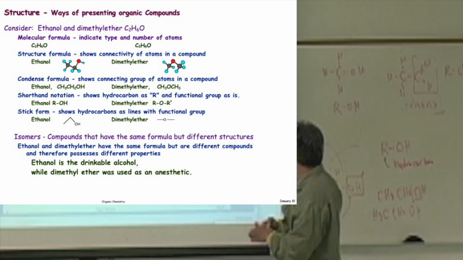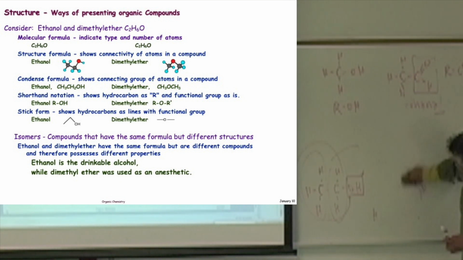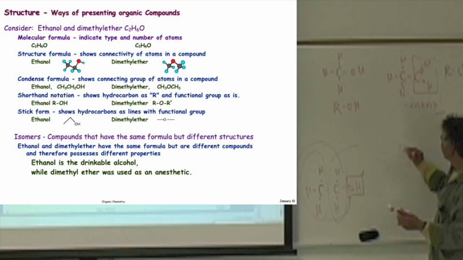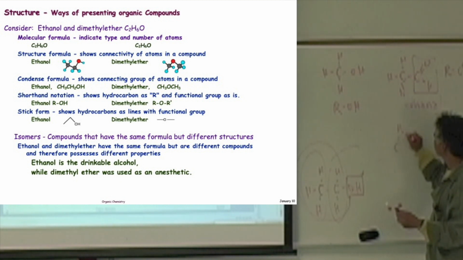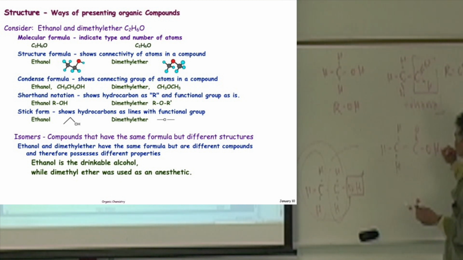The last example I want to show you is this chemical right here. This chemical is a chemical that you guys have worked with a lot this semester. Okay? Anyone know what this is? Acetic acid. Okay? It's an organic compound.